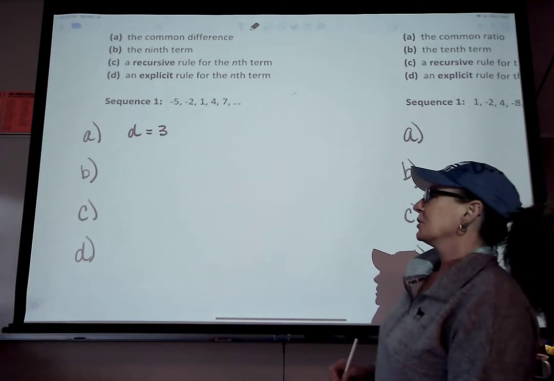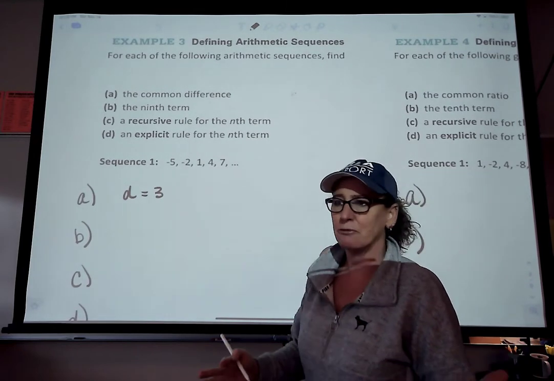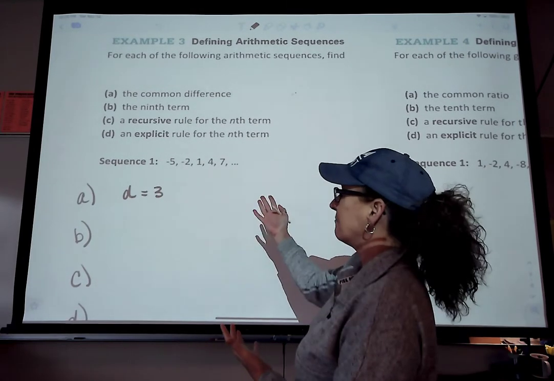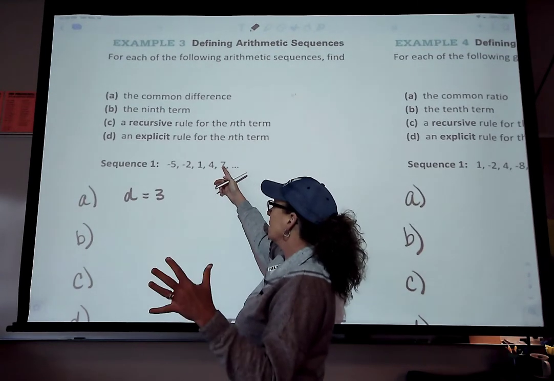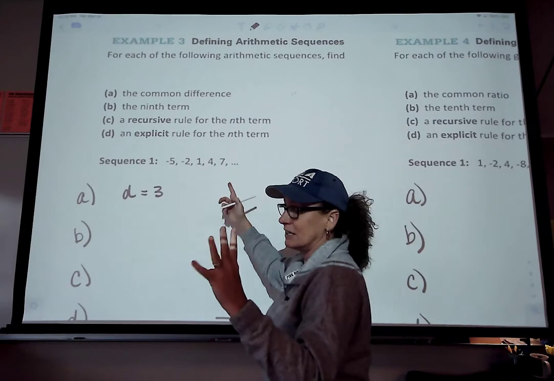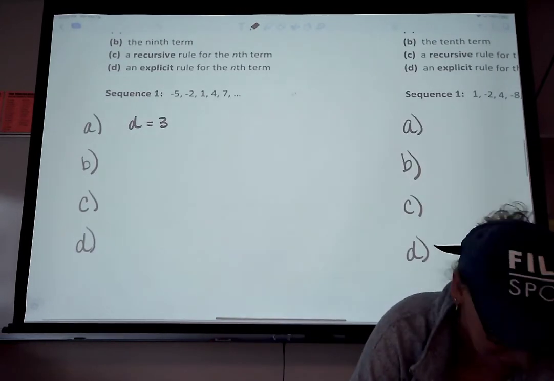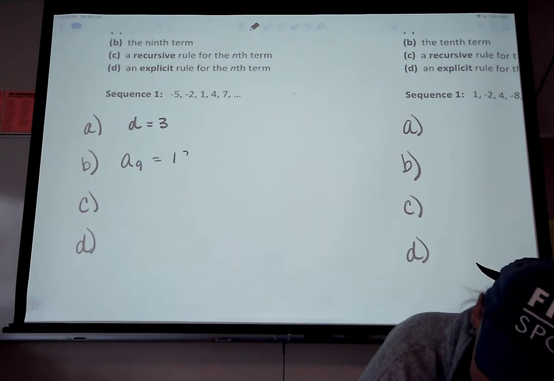Find the 9th term. Well, that's not too hard. I don't really need a formula to find the 9th term. I already have 5 of them, and I'm just adding 3 each time. So 5, I need the 9th term. So 10, 13, 16, 19. Label it correctly. The 9th term is 19.